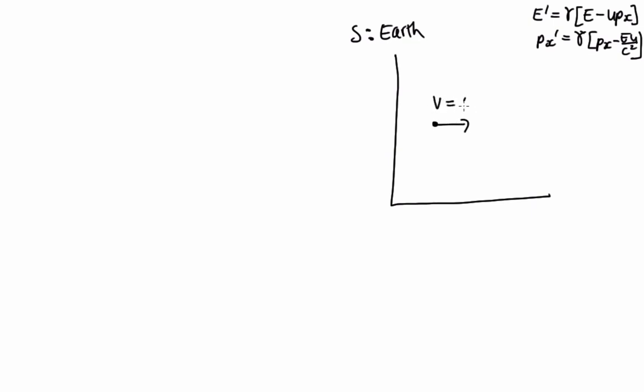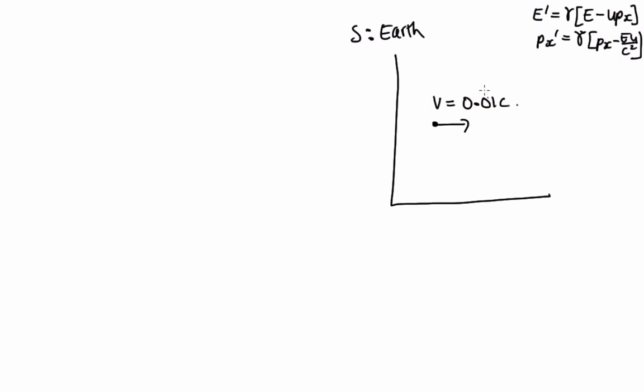Okay, so let's go back to our original question and carefully define everything. So let's draw the Earth's reference frame. Here's the Earth's reference frame. This is S, which is the Earth, and it has some micrometeorite moving with some speed v equal to 0.01c.